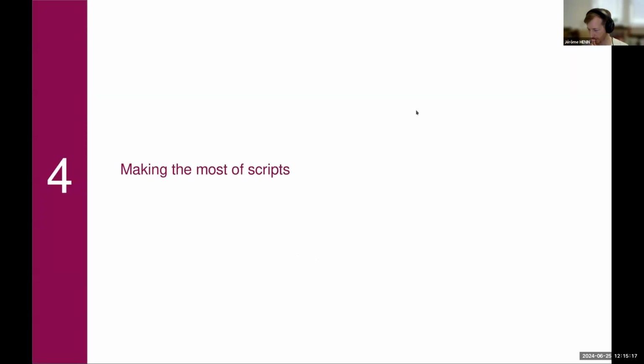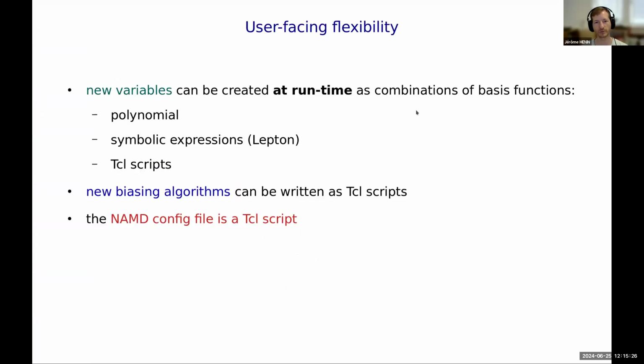And now, as I said, a very special feature of NAMD and VMD and Colvars is the way they're very scriptable. So the flexibility happens not just through scripts. You can expand the range of variables that you can create by combining the basis functions that are implemented. You can make polynomial combinations, so sums of different powers of the variables.